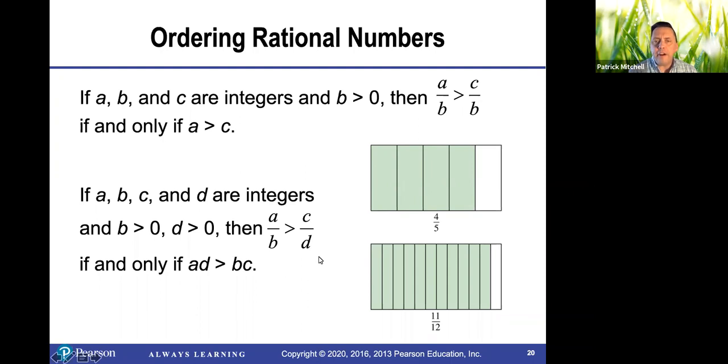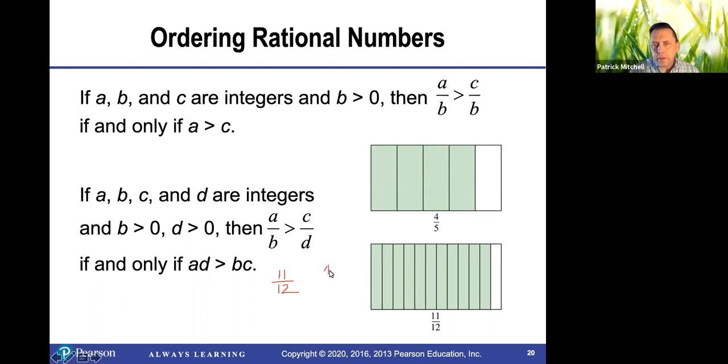If I wanted to verify that, I could write 11/12 and then 4/5.